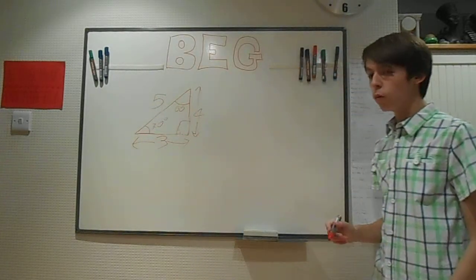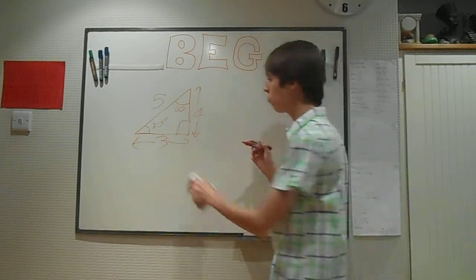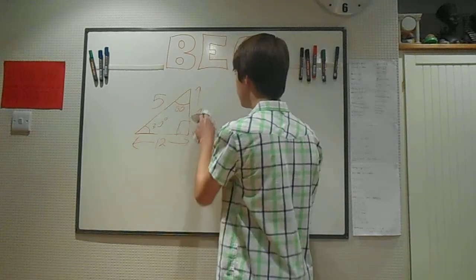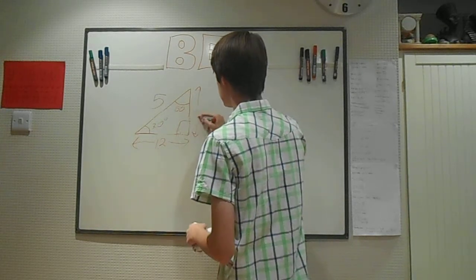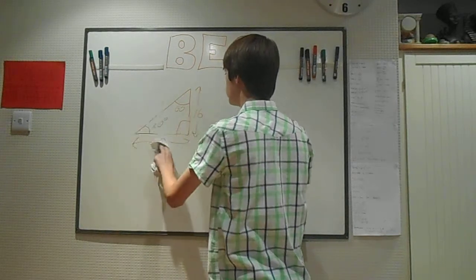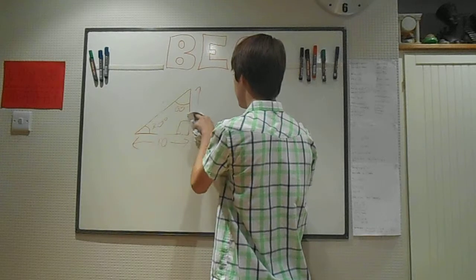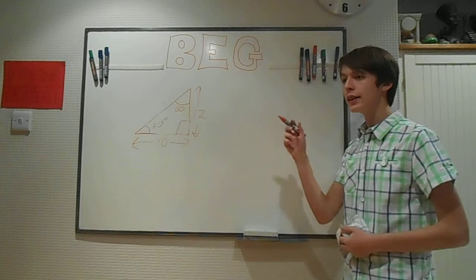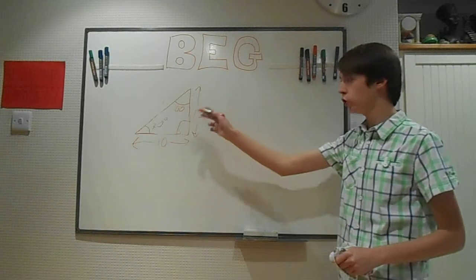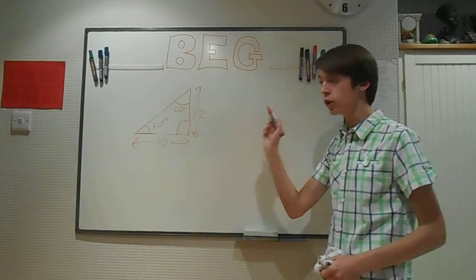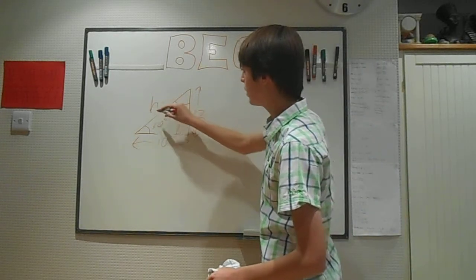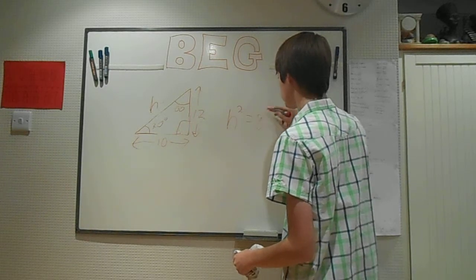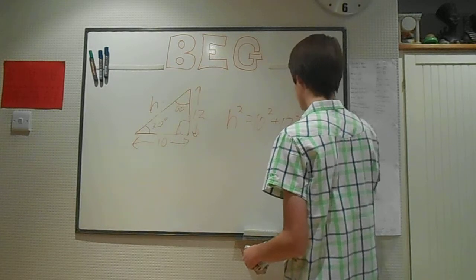Now, what if it was a different value? Say it was 10 and 12, and see what this would produce. This probably isn't going to produce an integer answer, and we're going to have to leave our answer as a surd. Exactly the same thing, we label this as h. So h squared still equals 10 squared plus 12 squared.